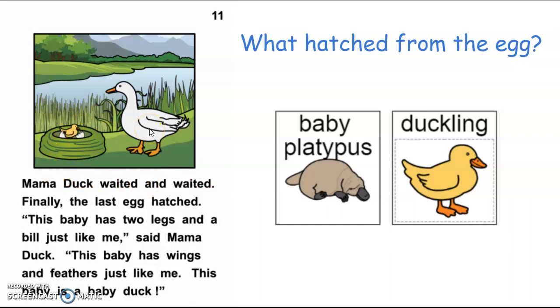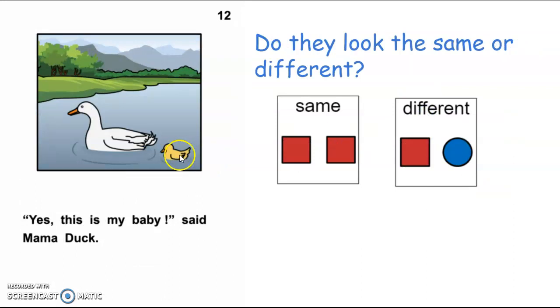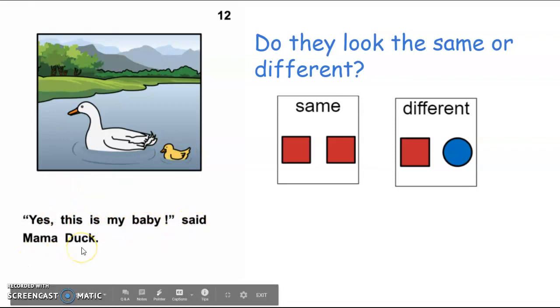This baby is a baby duck." What hatched from the egg? What is it? Was it another baby platypus? Or was it a baby duck? A duckling. Yes, it was a duckling. "Yes, this is my baby," said Mama Duck.